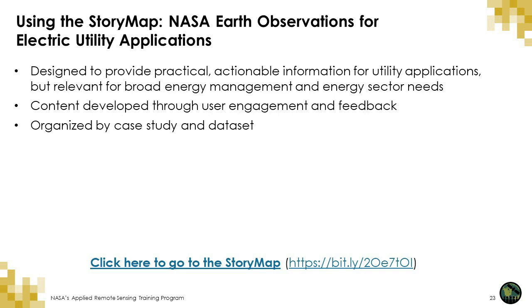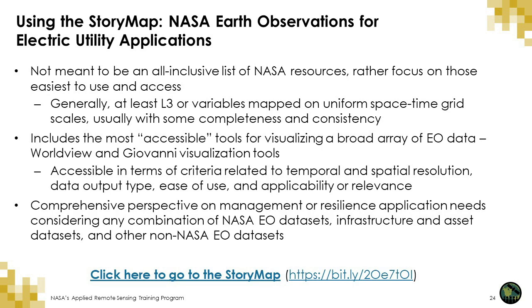The content of the story map was curated based on the feedback from interviews with electric utilities from across the U.S., industry experts, and experts from the U.S. Department of Energy and NASA, and data gleaned from information gathering. The story map is not intended to be an all-inclusive list of NASA resources for energy management.